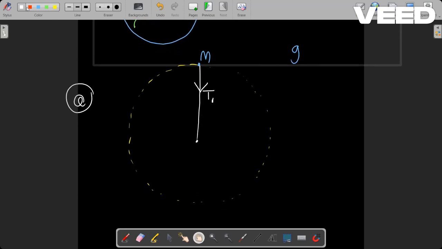Now same object, and when this object is over here, same mass, there's a tension. The tension is now different, T2. So practically think.